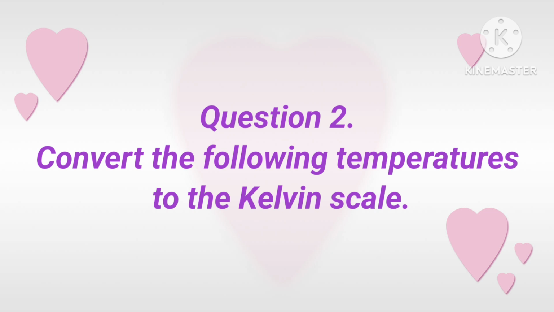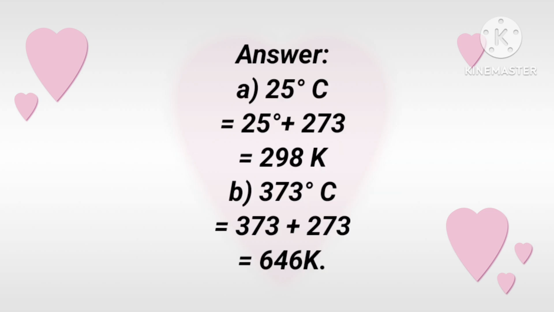Second question: convert the following temperature into the Kelvin scale. In the first question, you had to convert into Celsius, so you subtract 273 from the given temperature. But here you have to add 273 to convert to the Kelvin scale. I mean, you have to convert degrees Celsius into Kelvin.